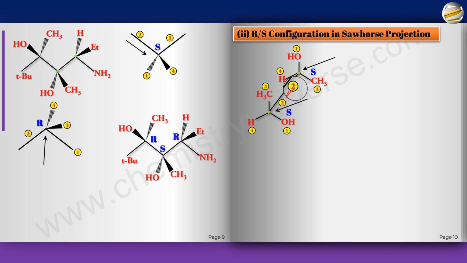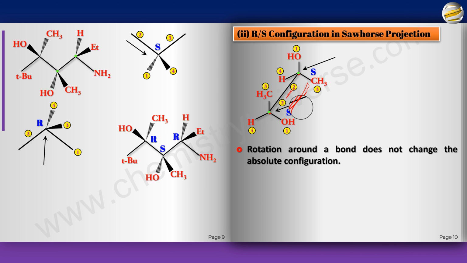And remember, rotation around a bond does not change the absolute configuration. If you rotate this, it's not going to change it. Say for example, the same molecules I rotate in such a way that I bring the hydrogen of both groups down.